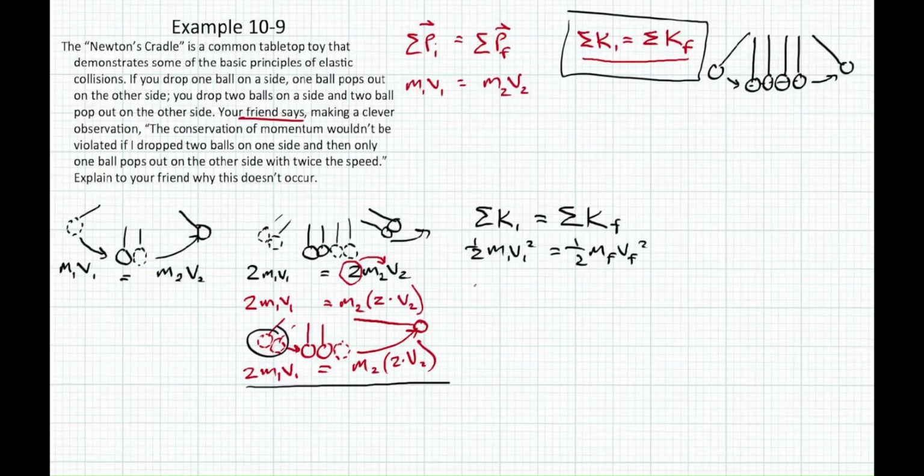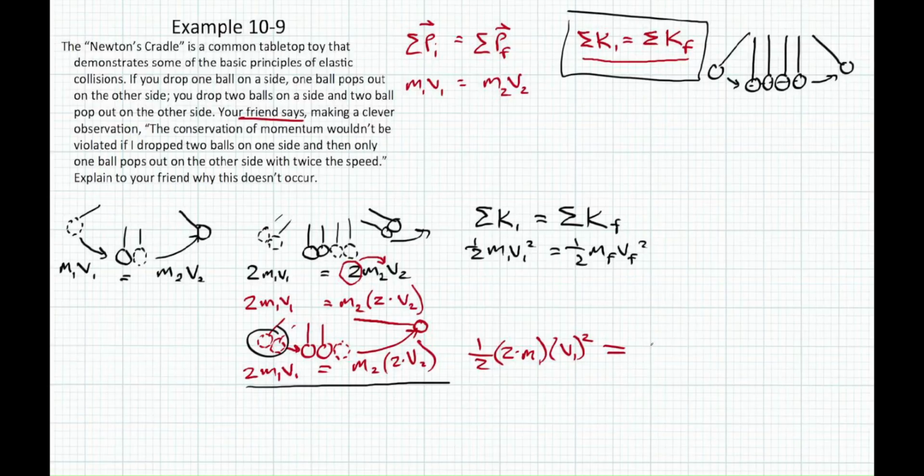We would get 1/2 times 2 times m1. Okay, so we're starting out with twice the mass, times velocity 1 squared. I'm going to put a bracket around that and square it.